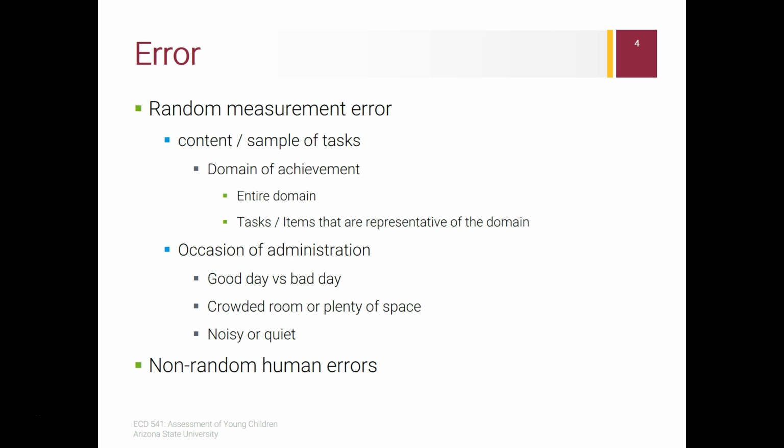Now suppose you want to determine the percentage of the domain a student knows. Rather than administering the entire domain, which is clearly impossible, you select from the domain a random sample of, say, 10 items or tasks that you believe are representative of the domain, and then you administer them to the student.